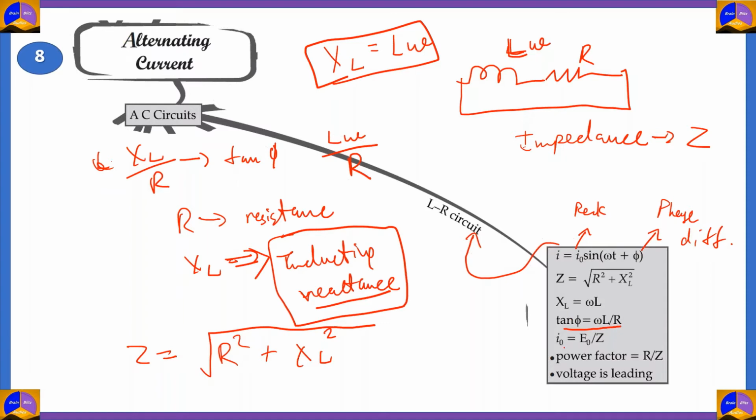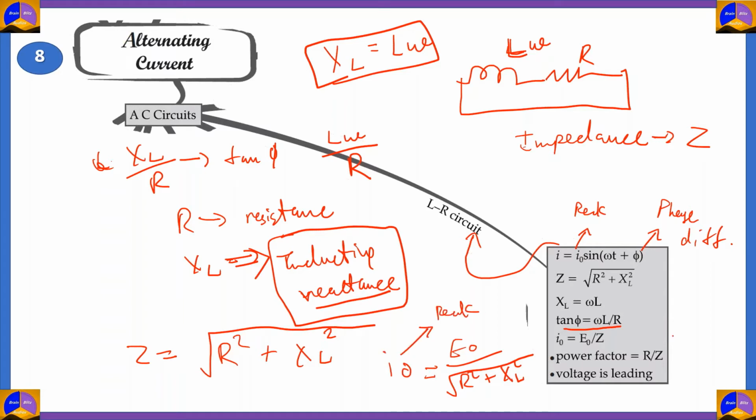And to find the peak value of current, we know the peak value of EMF. So E naught is the peak value of EMF. We divide it by the total impedance, which is the root of R square plus XL the whole square. And this will be the value for peak current.